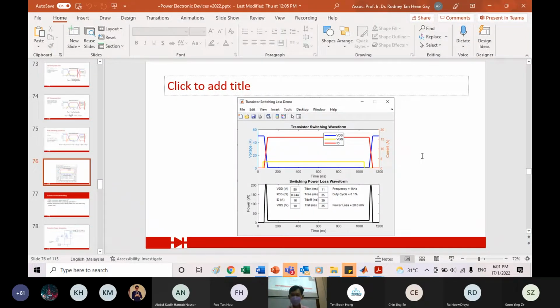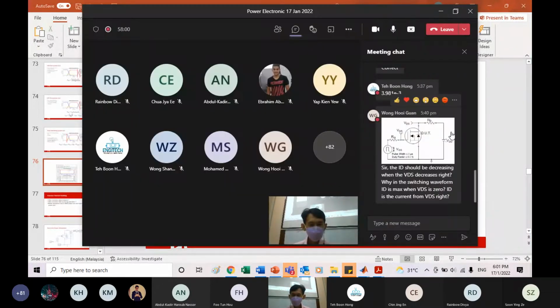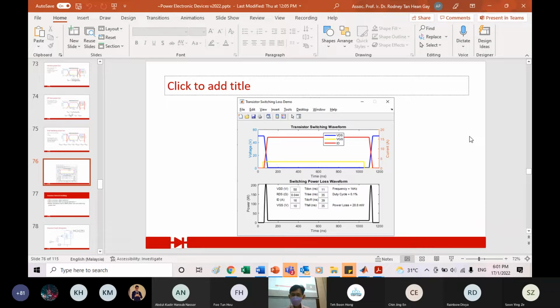Any questions? Because of the transition, the voltage and the current multiply, you will have the peak, right?